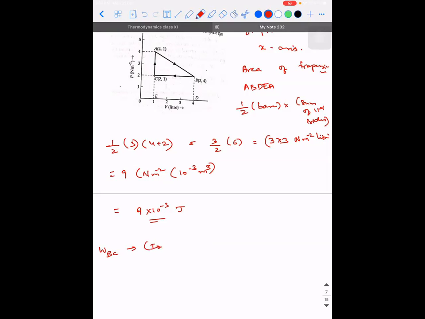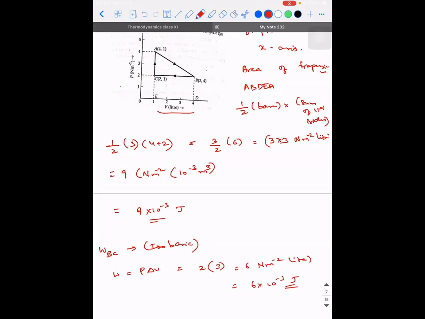It is isobaric. So isobaric work done is equal to P delta V. What is the pressure? It is 2. Delta V? 3. That is 6 Newton per meter square into liter. So how much will it be? 6 into 10 power minus 3 joule.